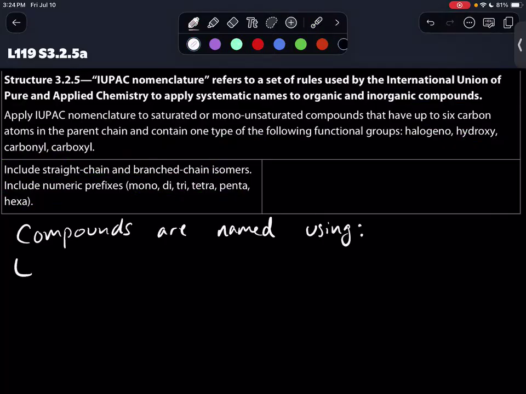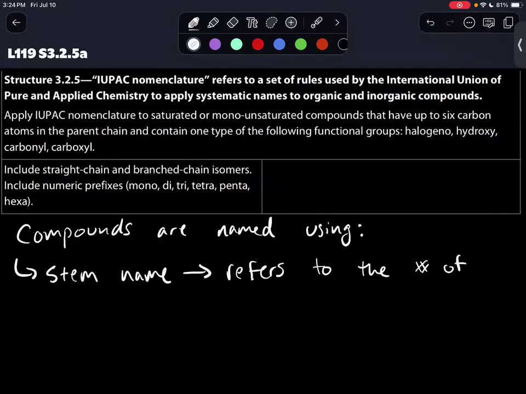First off, we're going to start with what we call the stem name. The stem name refers to the number of carbons in the parent chain.